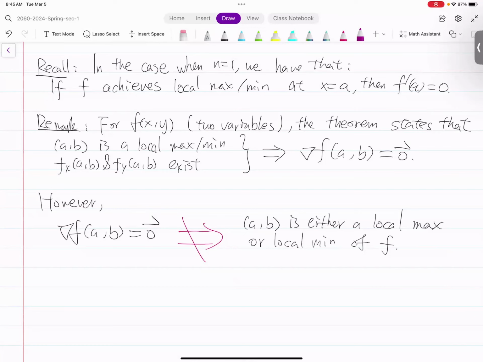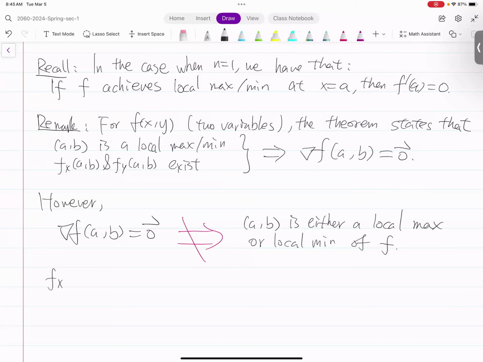And also, we realize that we need the function to be differentiable at the point in order for the theorem to be applied, right? So still, there could be local extreme points that have non-differentiable partials. Okay, so when the partials do not exist, that point (a, b) is still possible to be a local extreme.